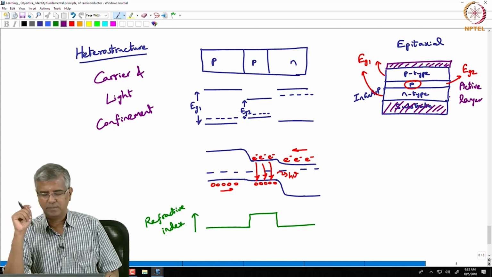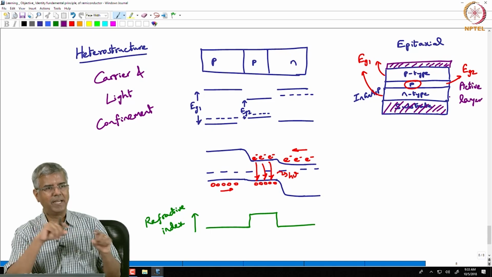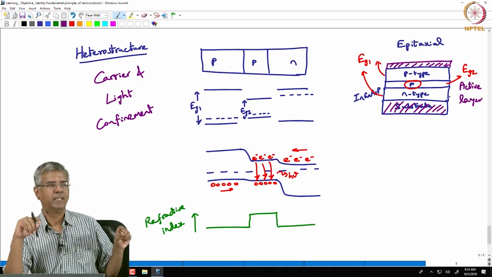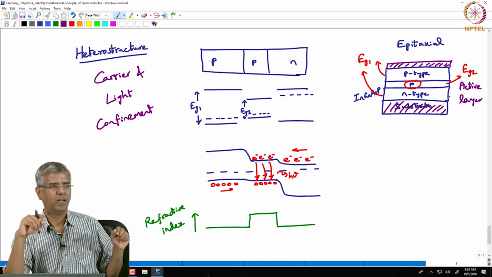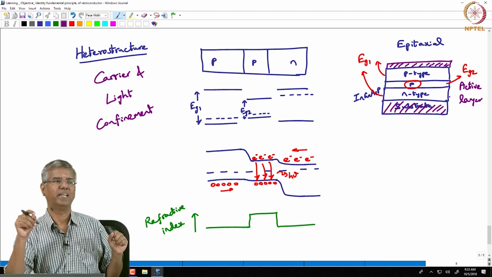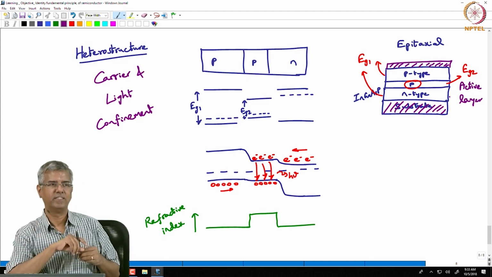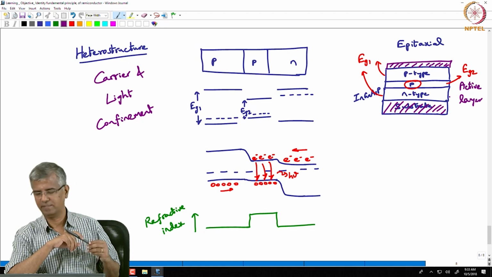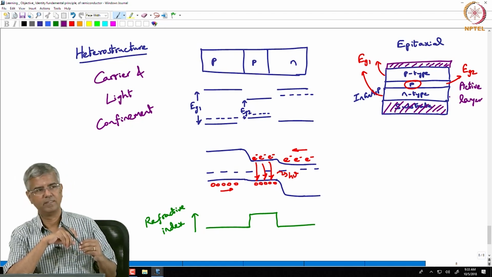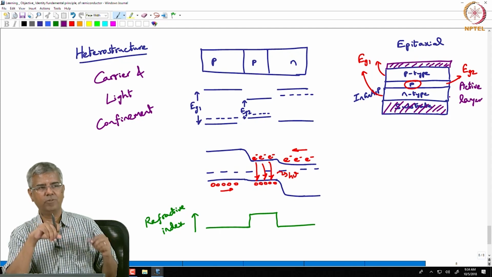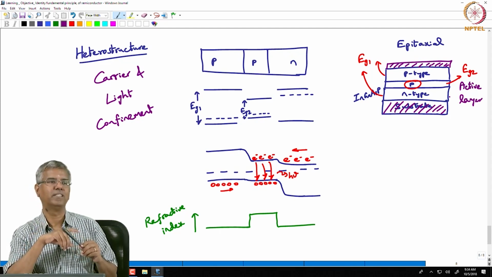Now, that brings up another point. If light is guided over that layer, there is also a possibility of some other event happening. What is that? You have carrier confinement as well as light confinement.